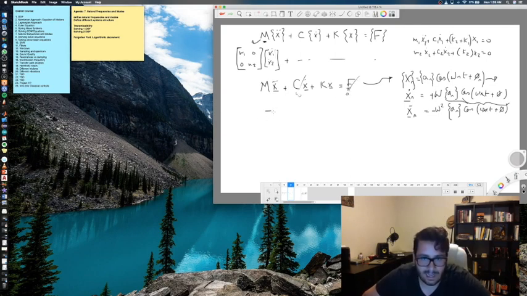So in this case, I get my negative m x double dot plus my K matrix, which now basically doesn't have an X. This is omega squared, it's from here, because I substituted a solution for X, plus my K, equal to 0.